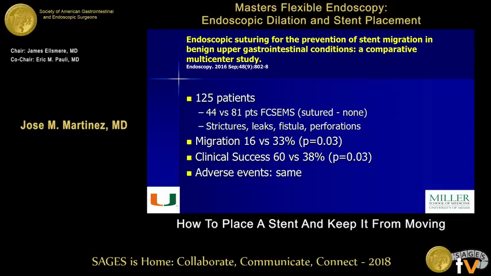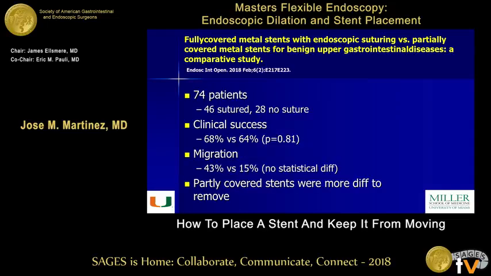These are fully covered stents, whether sutured or unsutured. Here again is more of what we were expecting: migration was higher than in the malignancy, 16% with sutures compared to 33% migration for the fully covered stents with no sutures placed. Clinical success was also statistically higher, because the stent remains in place and therefore resolves the clinical problem, and there were no significant adverse effects. One of my concerns about suturing these things was higher adverse complications, but that does not seem to be a problem.